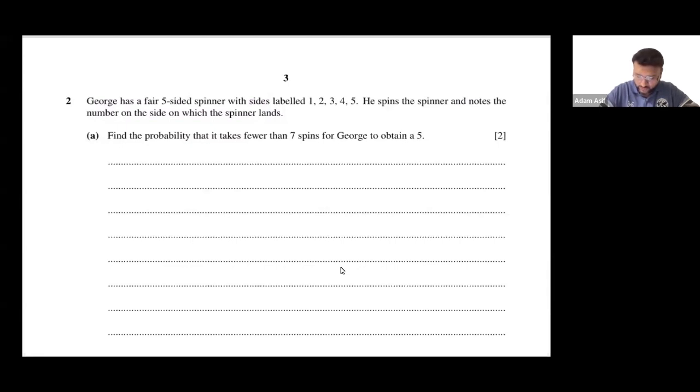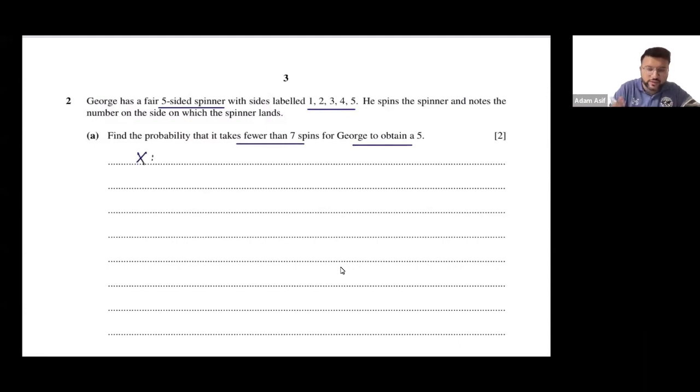Okay. So how are we going to attempt this question? It's a fair five-sided spinner. These are the numbers. He spins the spinner and notes the number on the side on which it lands. We need to find the probability that it takes fewer than 7 spins for George to obtain a 5.